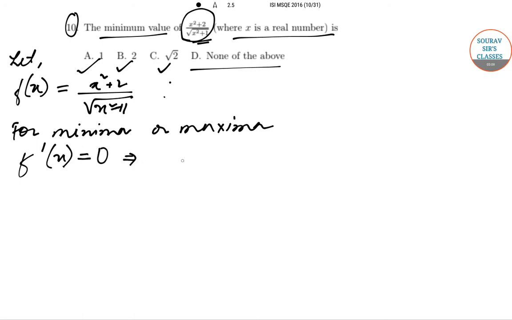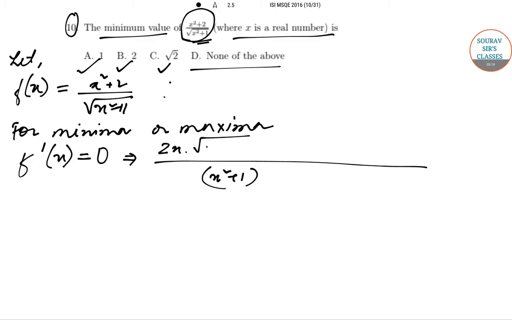This implies that x square plus 1, twice of x into root over x square plus 1 minus x square plus 2 into root over x square plus 1 upon, by, in above we have x, so this is equal to 0.